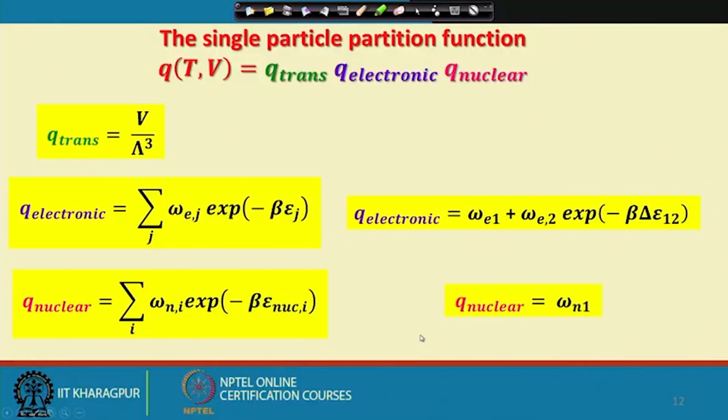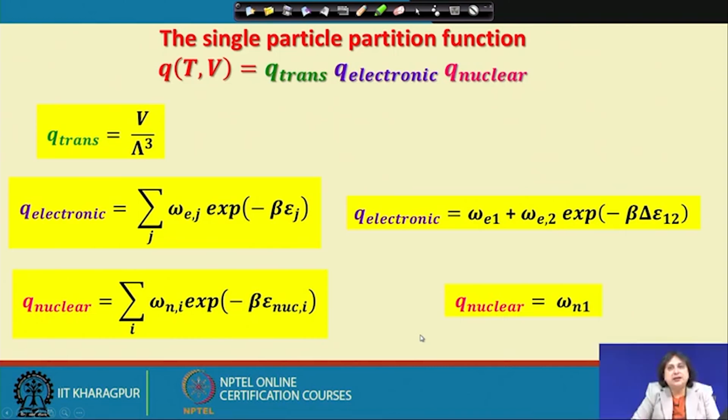This basically tells you that the nucleus at normal room temperatures will always be located in its ground nuclear energy level. As a result, I can very easily write that q nuclear is a very simple constant like this, which is equal to the degeneracy of its ground nuclear energy level.